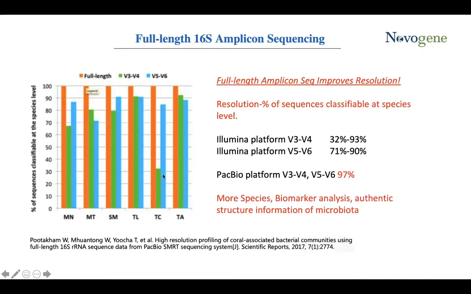It is very obvious that the percentage varies from 32 to 93% in Illumina platforms, depending on the hypervariable region. But PacBio exceeds it totally, reaching at most 100% in each sample tested. This means that by using PacBio, we have the potential to identify more species or biomarkers than by using NGS platforms. So we are able to obtain a more authentic structure of the microbiota.